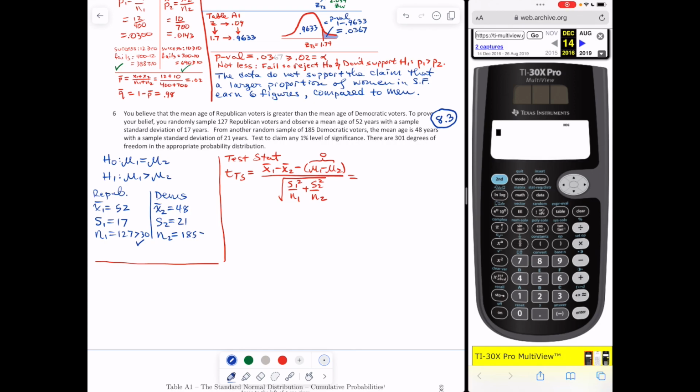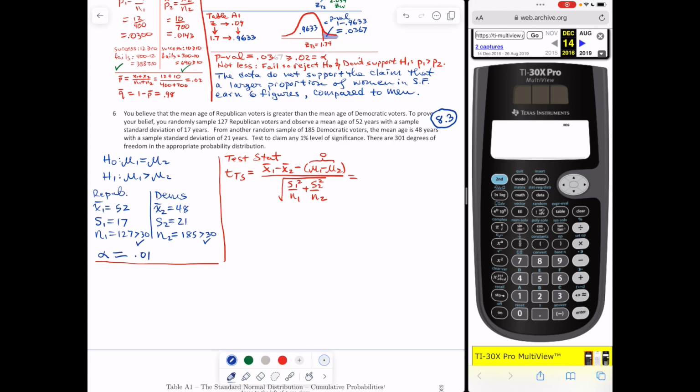And yes, this is also bigger than 30, so we can check that. Well, the last thing I think I would add here is the level of significance is given right here, 1%. So let's put that down, 0.01 for our alpha.